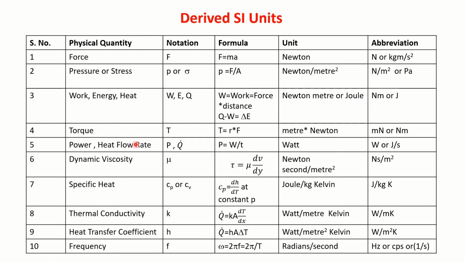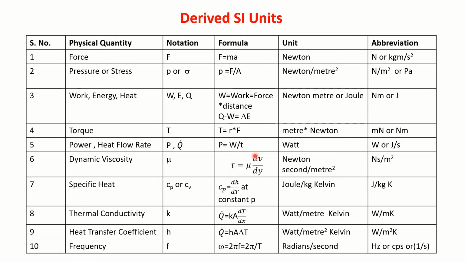Power or heat flow rate. Here there is a time factor coming into picture. Power is work divided by time, rate of work done. Unit of work is joule. Unit of time T is second, joule per second is watt. Dynamic viscosity mu.